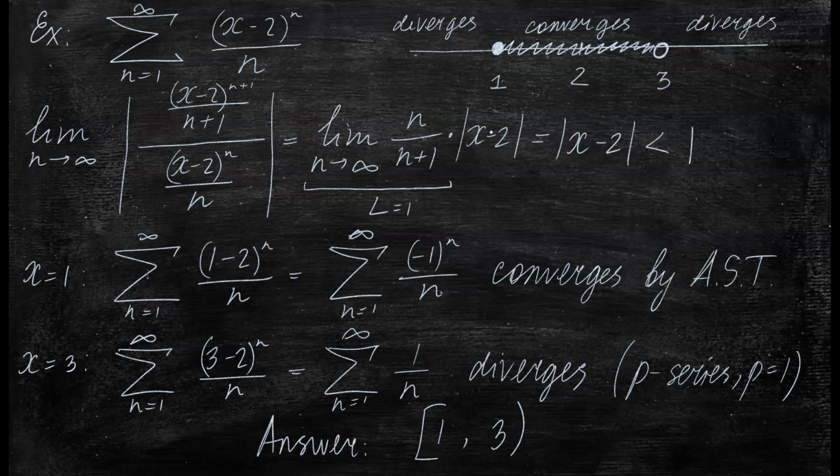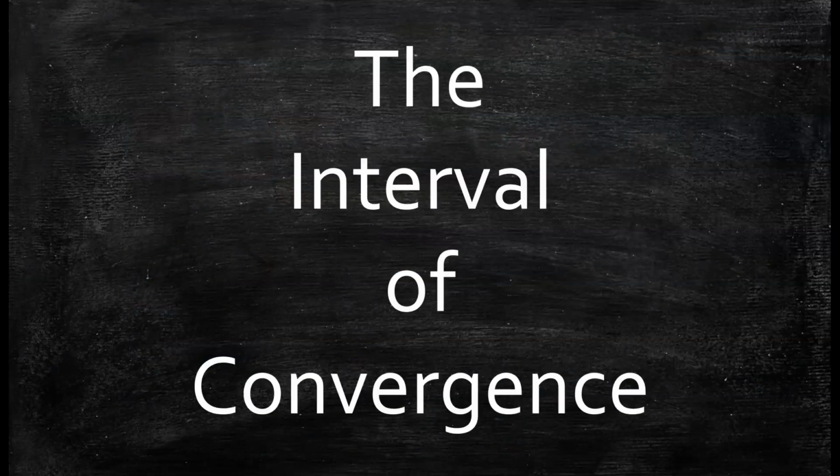So this series converges for all values between 1 and 3, including 1, but not including 3. So we discussed the idea, the concept of the interval of convergence and how to find it for any given power series.